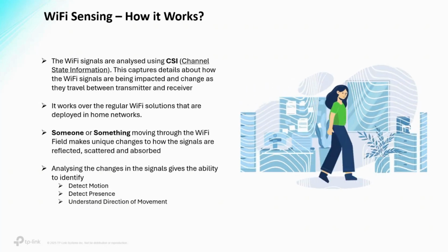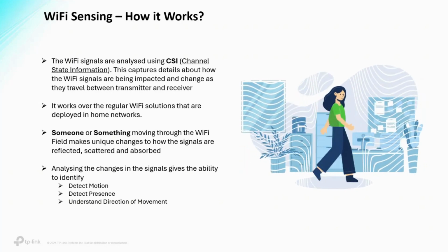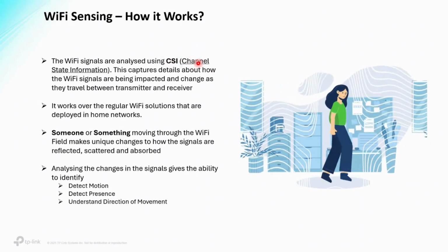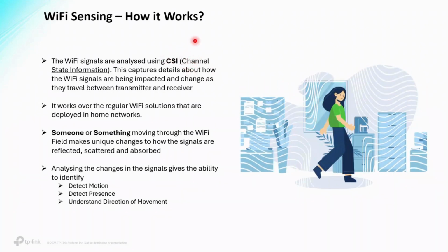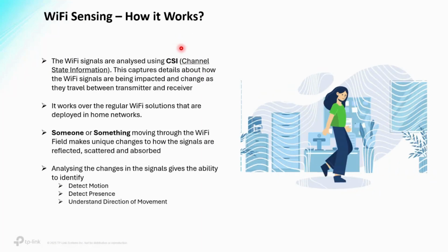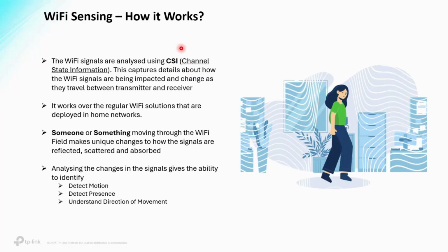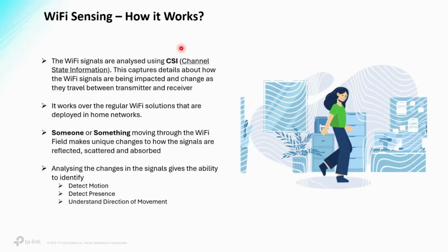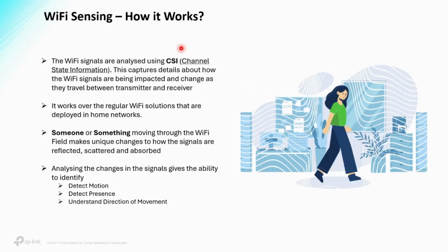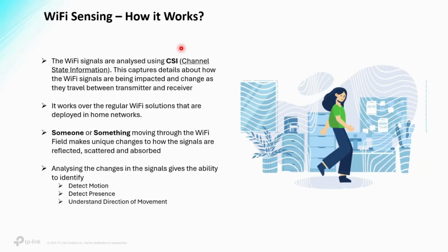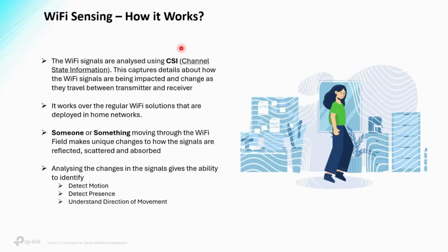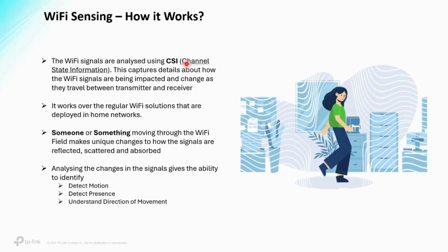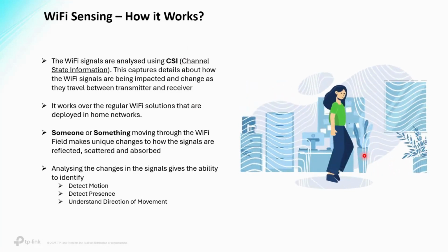The way it actually works, I'll go into a little bit of techie stuff here just to explain it. The main element is what they call the CSI, the channel state information. That is the part of the Wi-Fi chip that we actually interrogate and get information from to be able to understand movement, motion, objects, all those things within a Wi-Fi environment. And the graphic explains it very well.